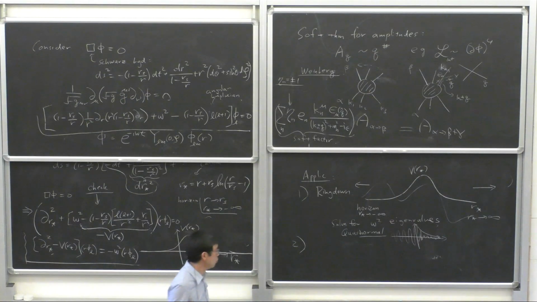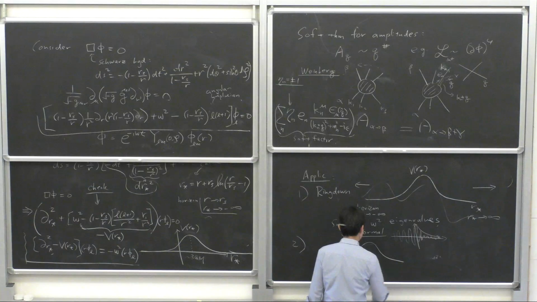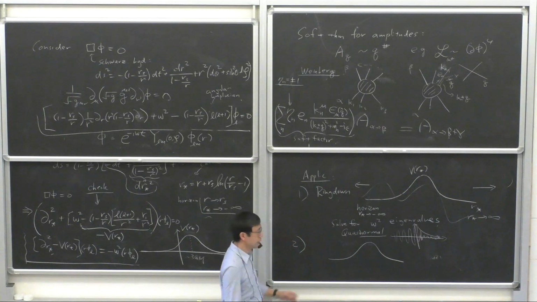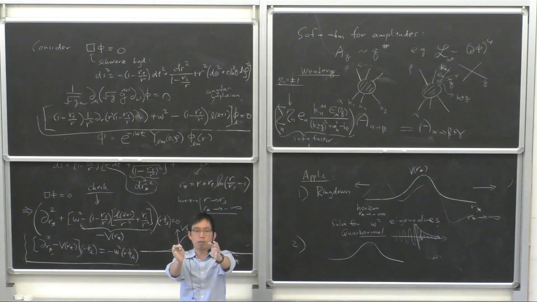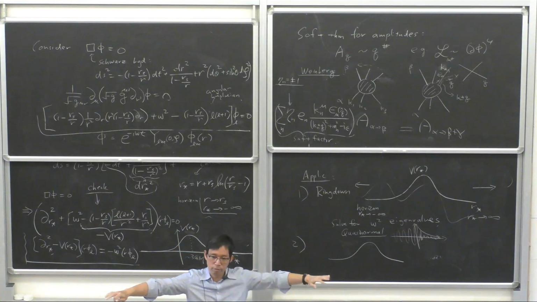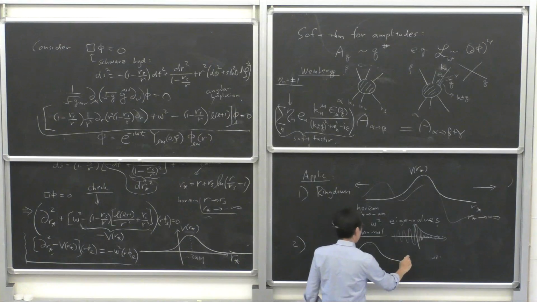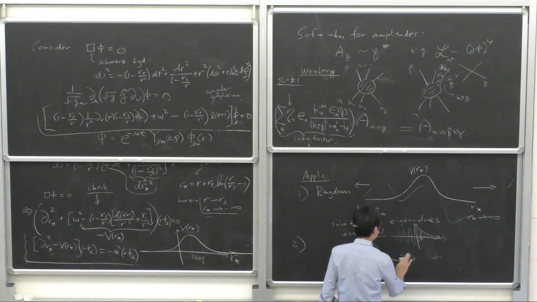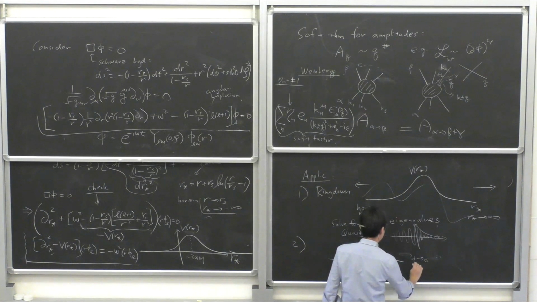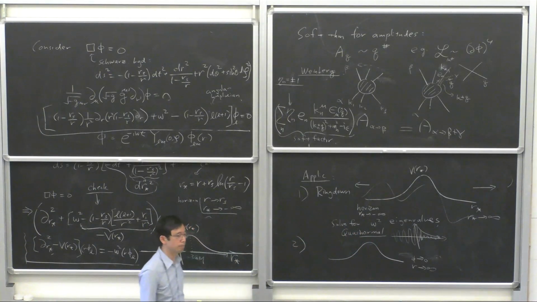And then it turns out you will find the following interesting situation. You can consider a scalar cloud around the black hole where this cloud goes to zero far away. It's like a hydrogen atom. So you say phi goes to zero far away. You impose that boundary condition.